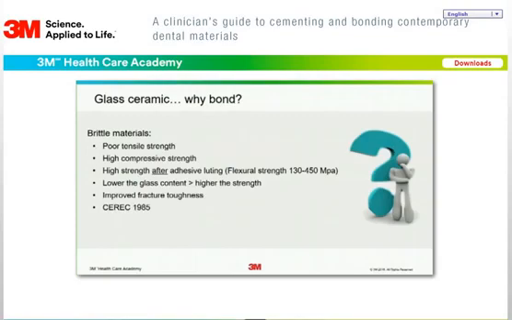Yes, we have higher strength glass materials, and we call them silica glass materials, but by and large, they depend on bonding for their performance over time, even with the high strength, if you will, glass ceramics that are out there today. And having started with CEREC way back when in 1995, I understood the importance of having a good bonding mechanism because it's the reinforcement that defines the performance of the restoration or the restorative material itself.